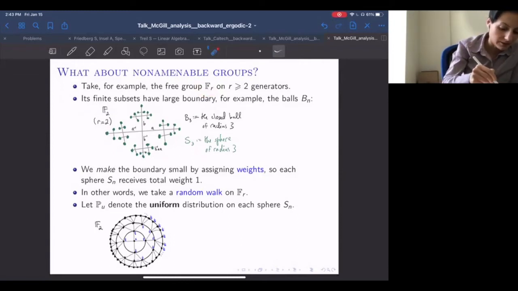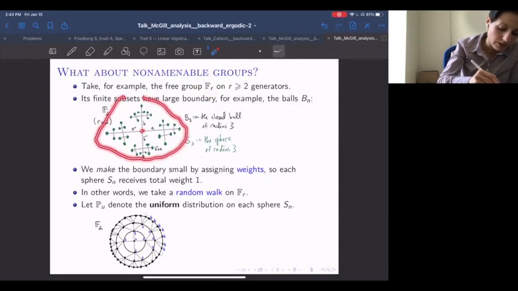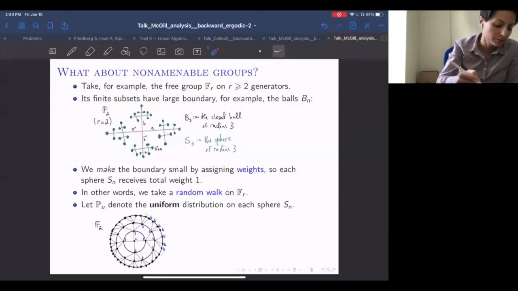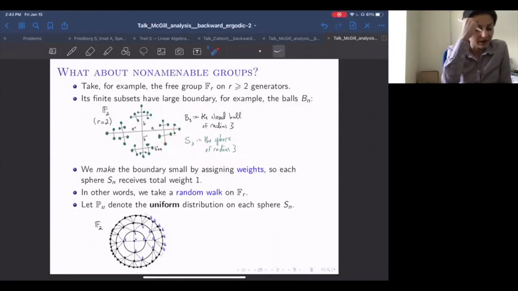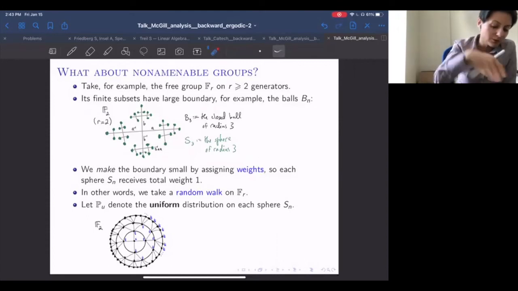You can think of the Cayley graph of the free group. So for instance, let's take a ball based at the identity. I drew the closed ball of radius 3 inside the free group, and I drew the boundary, the leaves, in green, and you can see that there are more leaves than non-leaves, or at least as many.